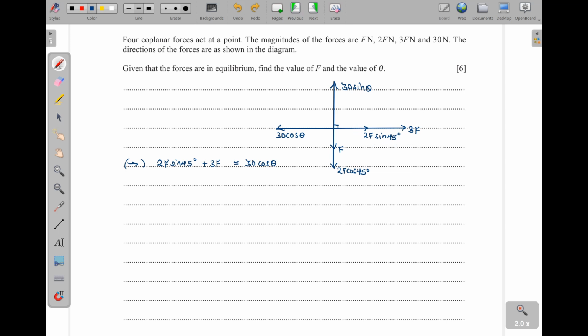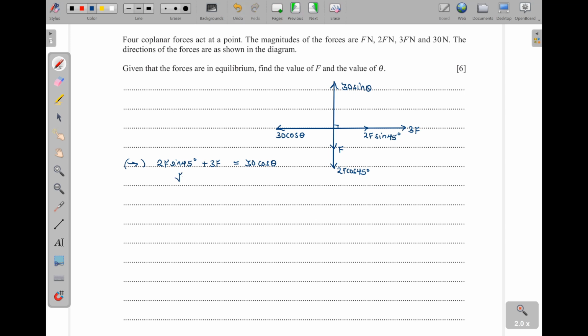Then simplifying this one, this one is root 2 over 2. So if it is root 2 over 2, and we are having F here, then that means this 2 goes. So that will be root 2 of F. Okay?